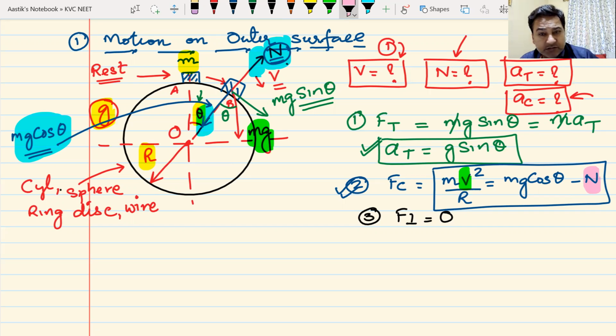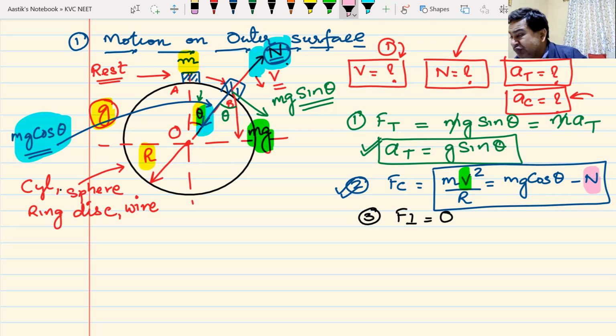The first equation only gives me the value of a_t, but in the second equation, a_t doesn't come. We have two unknowns and we have one equation.